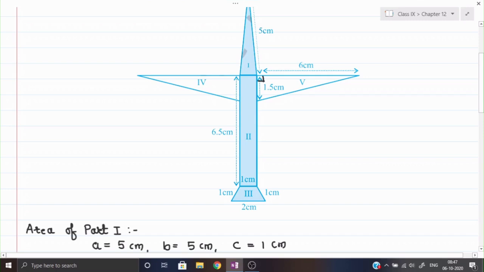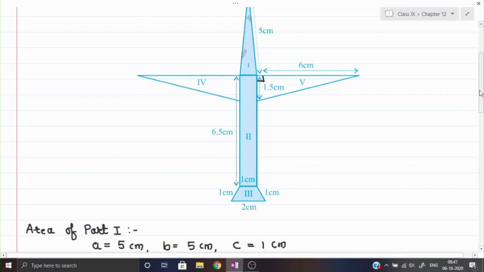This triangle is a right angle triangle. In this triangle we cannot apply Heron's formula because Heron's formula requires all 3 sides. So we cannot apply Heron's formula here. We will apply the area of a right angle triangle. This one side is given as 6 centimeter, which is making the perpendicular, and the other side is given as 1.5 centimeter.